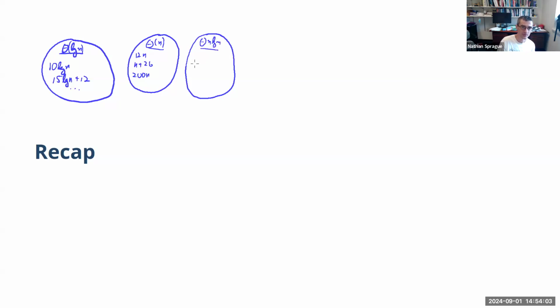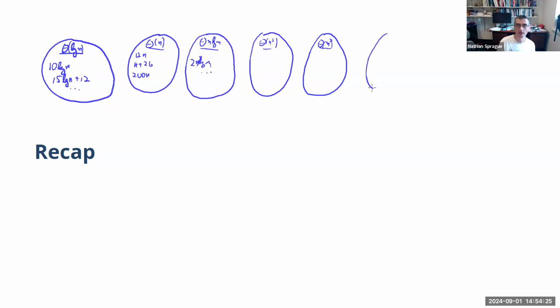And we have a bunch of members of that family, so, 2 n log n, etc. And we're going to have a category for n squared and a category for n cubed. And a category for 2 to the n. And a category for n factorial.